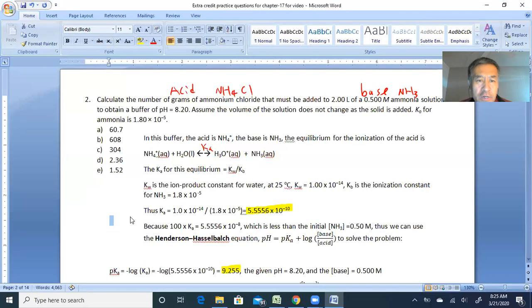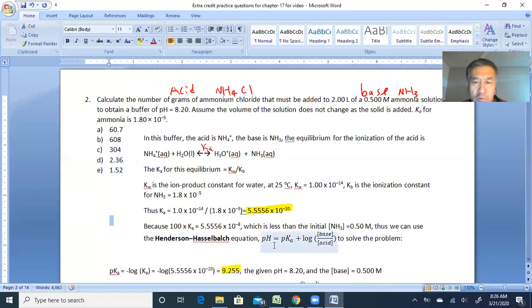And so therefore, Ka for NH4 plus equals 10 to the negative 14 divided by 1.8 times 10 to the negative 5, which equals 5.5556 times 10 to the negative 10. Okay, so because 100 times Ka equals 5.5556 times 10 to the negative 8, which is less than the initial concentration of NH3, 0.50 molar, therefore we can use the Henderson-Hasselbalch equation.